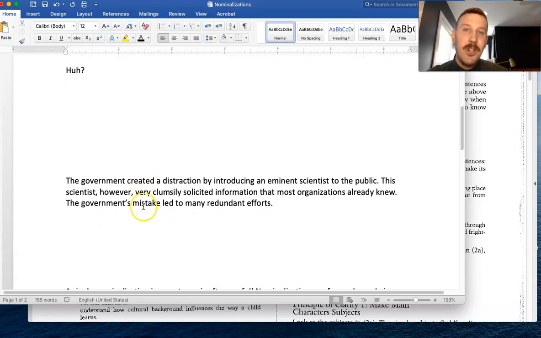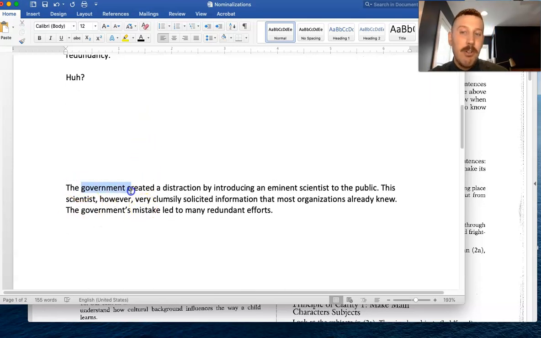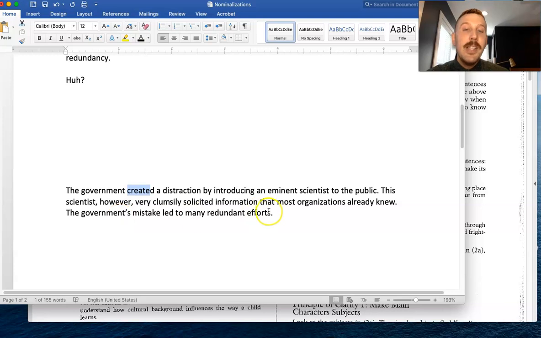In this revised version, I created a character, the government, and I used verbs to show that these characters were doing something. The government created a distraction. They introduced an eminent scientist. The scientist, another character, clumsily solicited information. Notice that there are still a few nominalizations in this group of sentences, distraction, information.